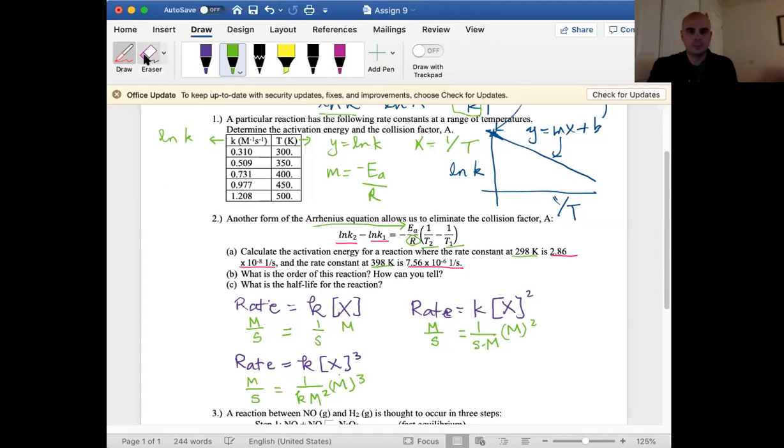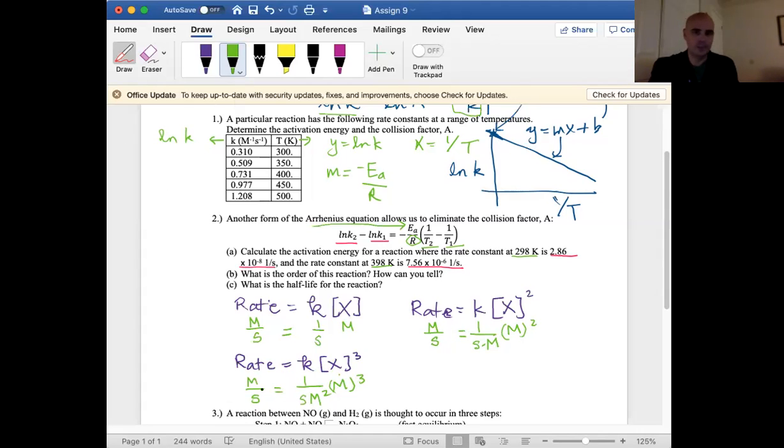Oops, I just put a K instead of an S. They always have to cancel out everything else on that right-hand side to get us molar per second or molar per minute or whatever. So if you can see those units on the K, then you know what the order is automatically.